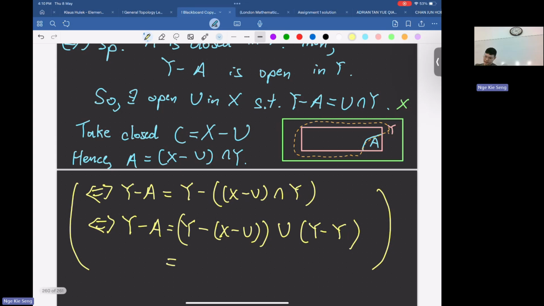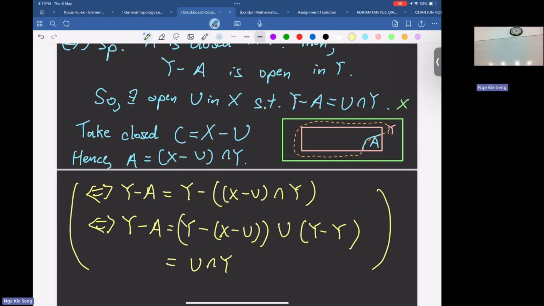Y take away X take away U is what? The claim is that this one should be U intersect Y. I mean, Y take away Y is empty. Right?